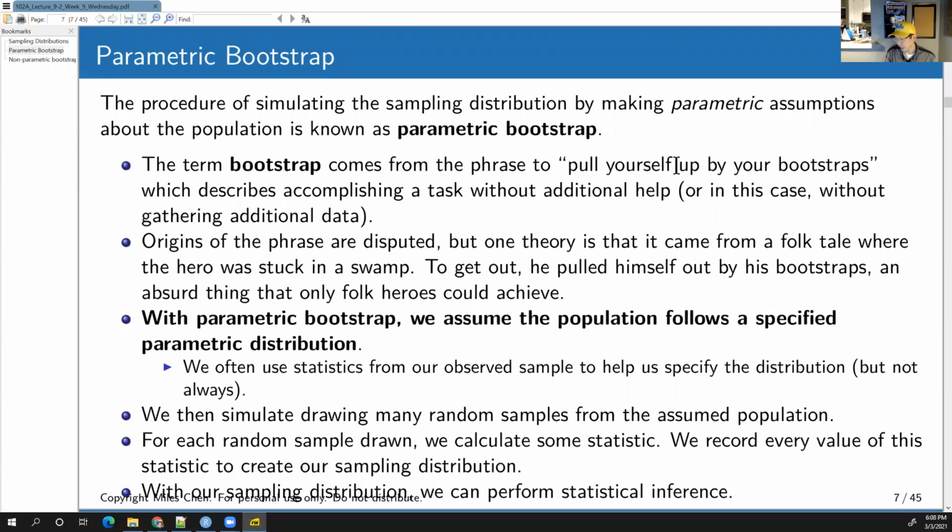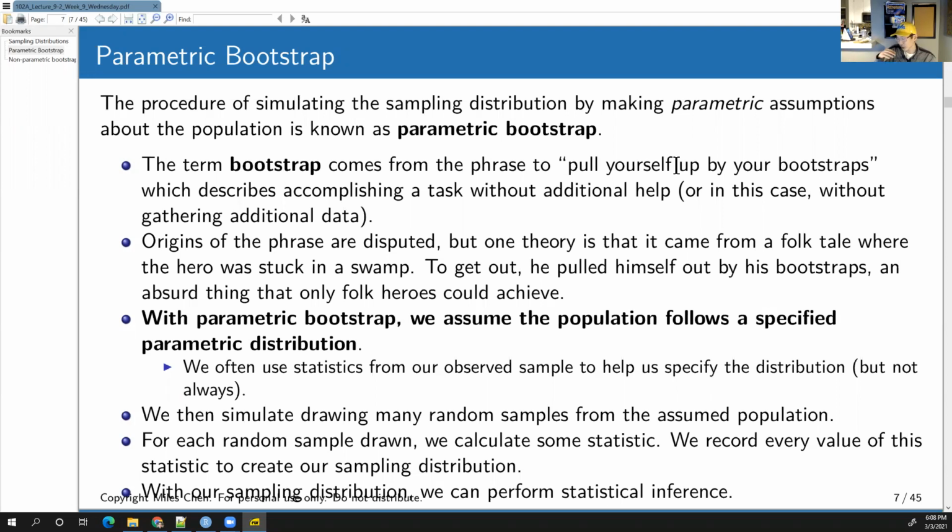And oftentimes you're going to use your sample, for example, if you're going to assume that the population follows a normal distribution, maybe you'll use the mean of your sample to say this is the mean of the population, or your standard deviation of your sample to say this is the standard deviation of the population. So at least your parametric assumptions are somewhat based in reality, okay?